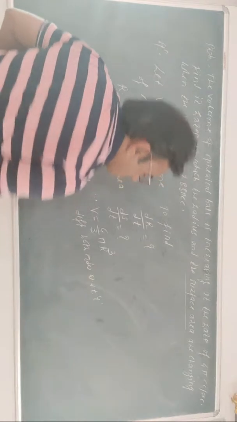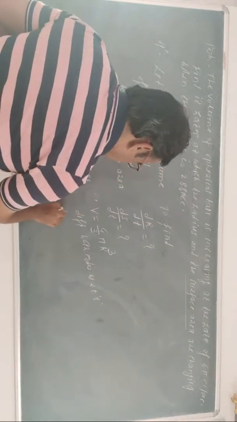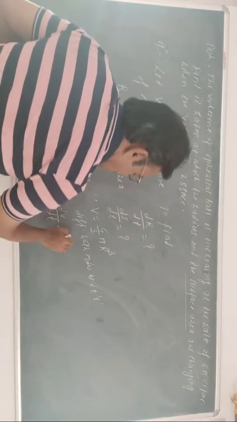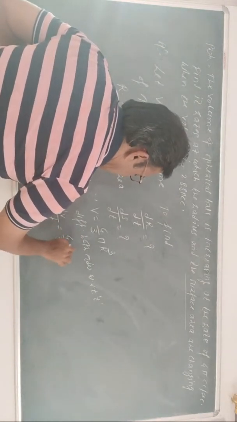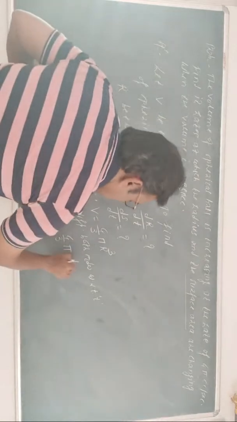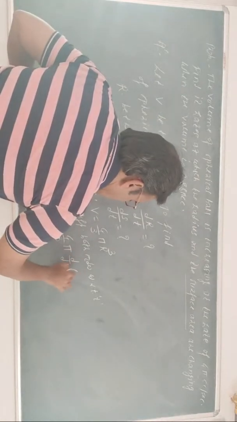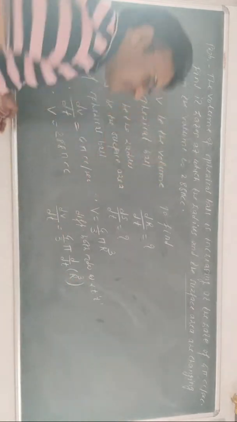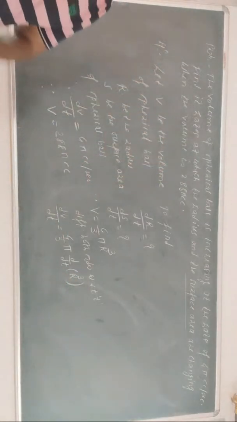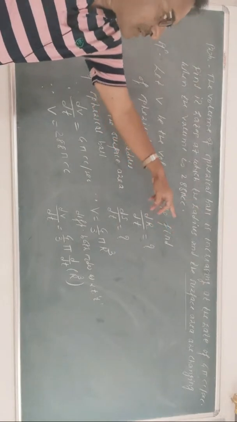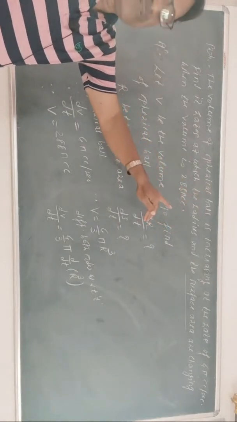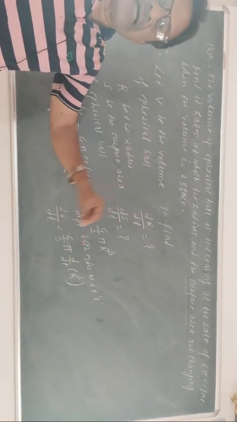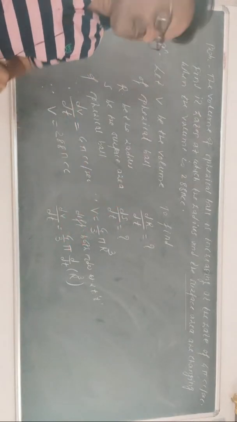Then we get dV by dt equal to 4 by 3 pi constant, d by dt of r cube, because the radius is not constant, the radius changes, so the radius is variable, and we differentiate the radius r with respect to time t.